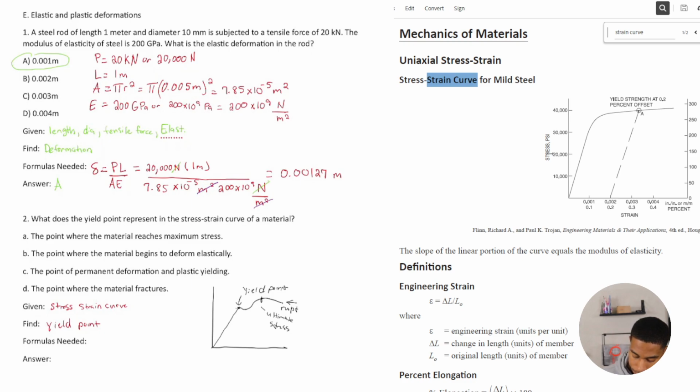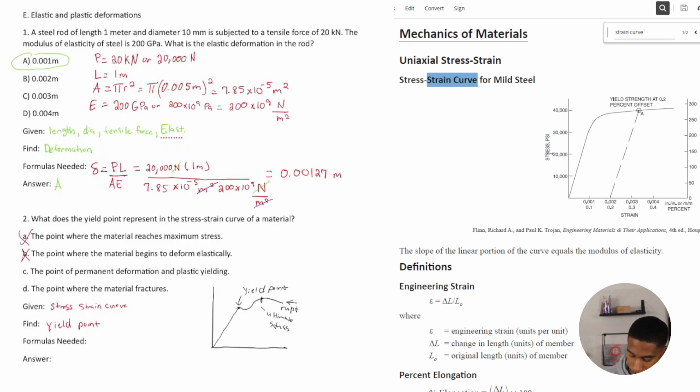No. B, the point where the material begins to deform elastically? Nope. C, the point of permanent deformation. So yes, that is the point of permanent deformation and plastic yielding.